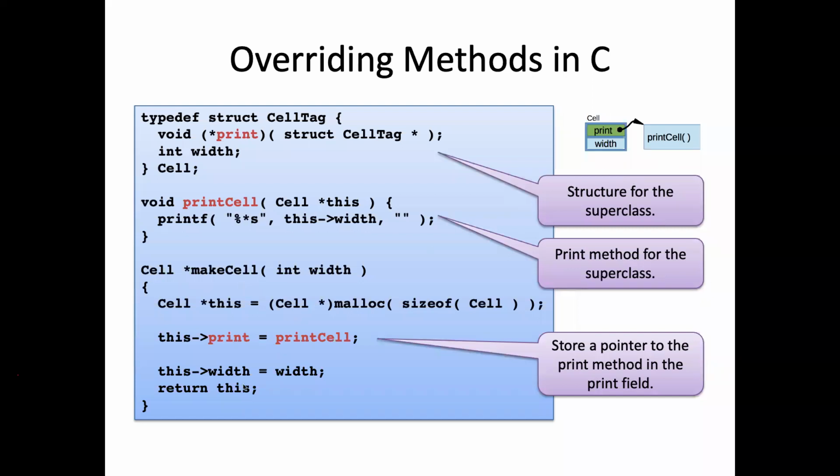Down here in the constructor, I have to fill in both of these fields. I allocate space for the new cell. I fill in its width field, same as before, but I fill in its print function with a pointer to the function I defined right here, a function for printing generic cells, for just printing a bunch of spaces.